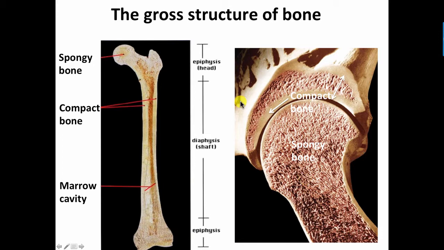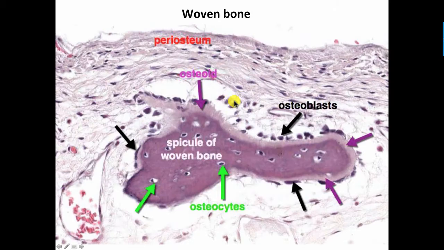On the microscopic level, bone is classified as either woven, which is primary bone or immature bone, or lamellar. Woven bone occurs wherever there is a need for bone in a hurry.